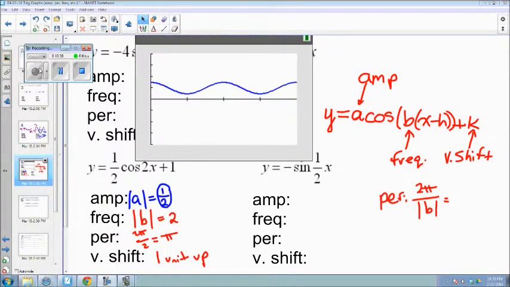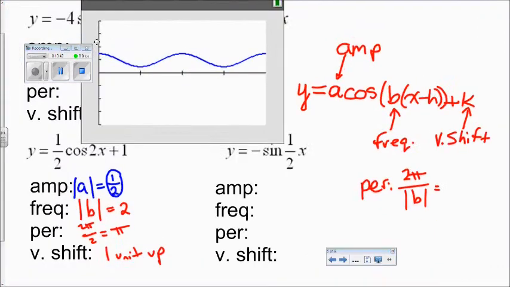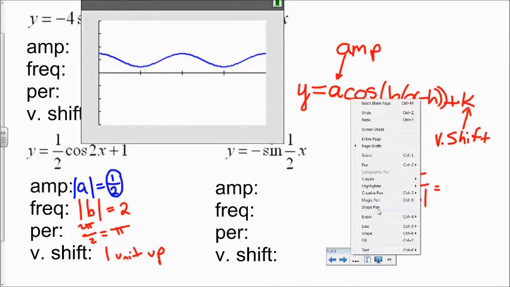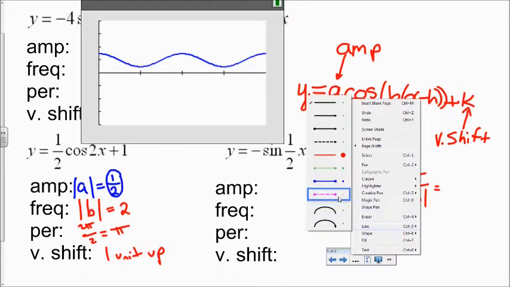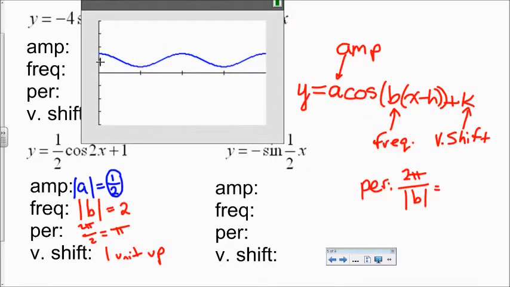One nice thing about the graphing calculator is we can just pop this function into the graphing calculator and confirm that all the characteristics, all the details of the graph are there as we expected. So the first thing I'm going to do is make a horizontal line right where we think the nodal line is going to be. We said the nodal line, or the vertical shift, is going to be right here at y equals 1.